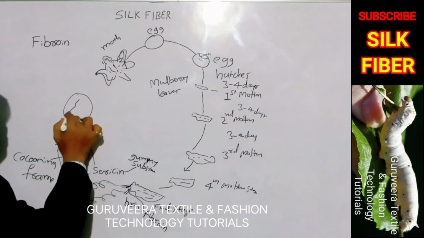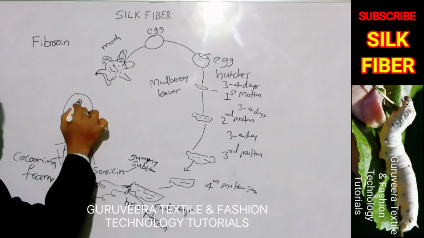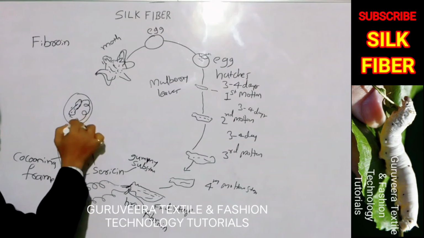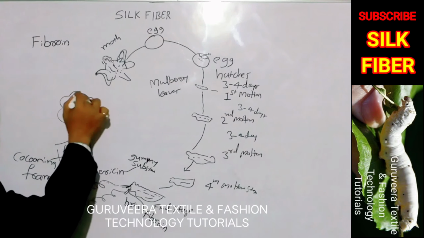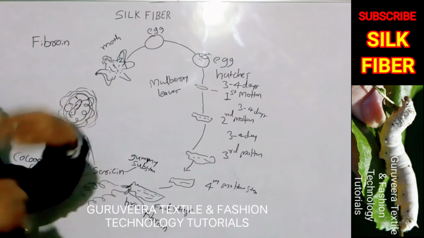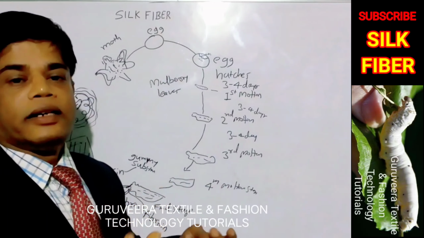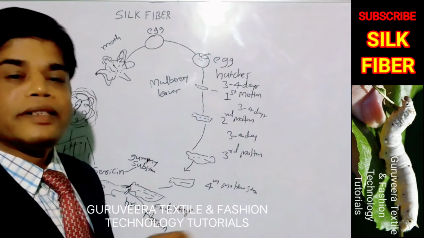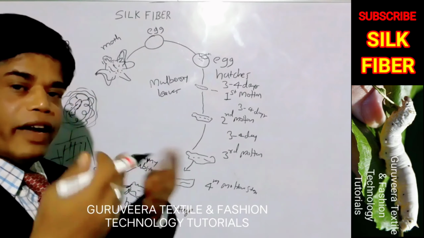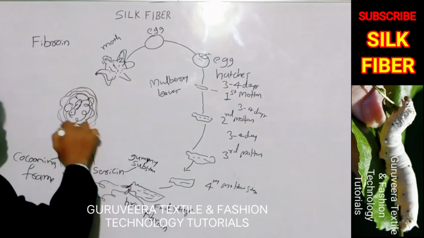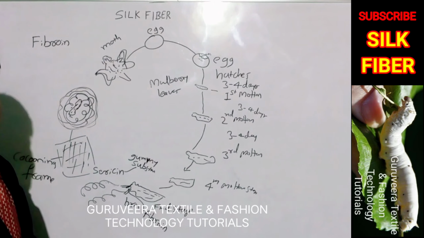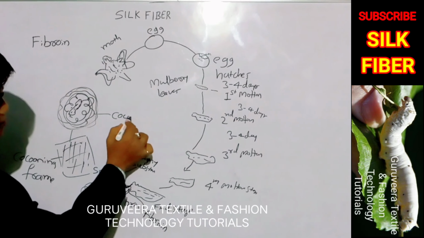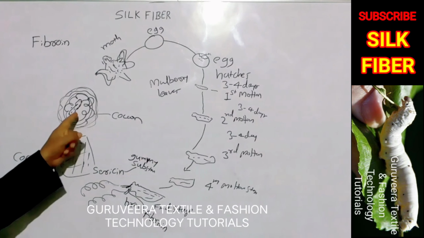It rotates its mouth, and the silkworm larva encloses itself within this ball. The ball is called a cocoon.